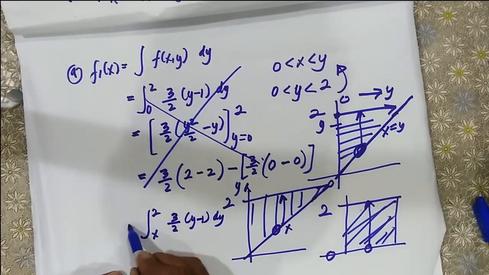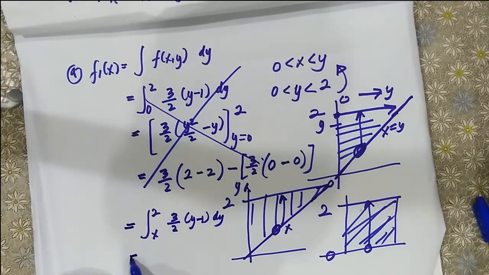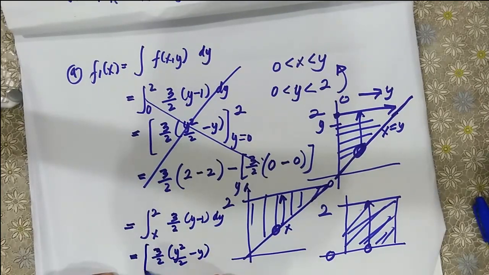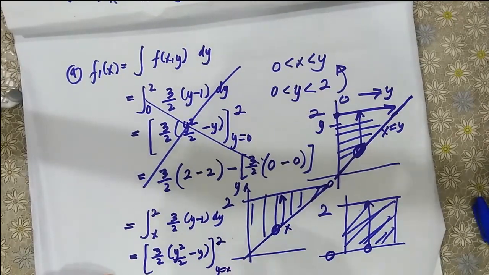So this will give me the answer of 3 over 2 y squared over 2 minus y. Substitute for y is equal to x and y is equal to 2.